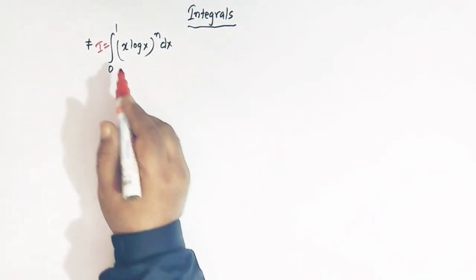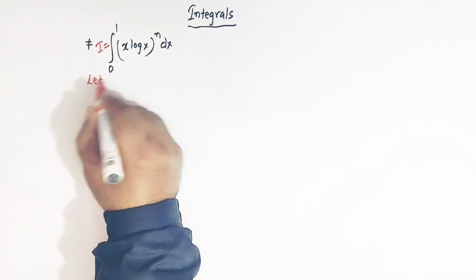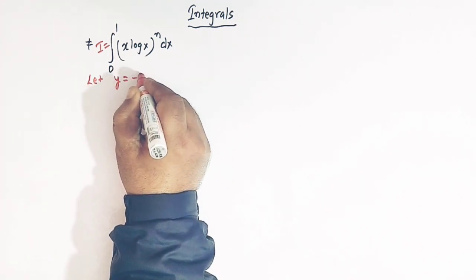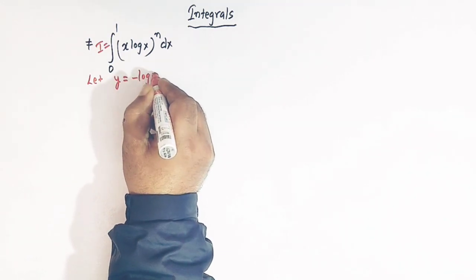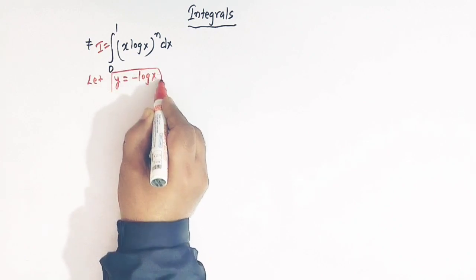So in the first step, what we will do, we'll take a variable, say y is equal to a negative of log of x, right? So here I will make this substitution, right?